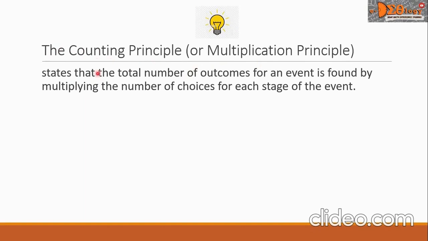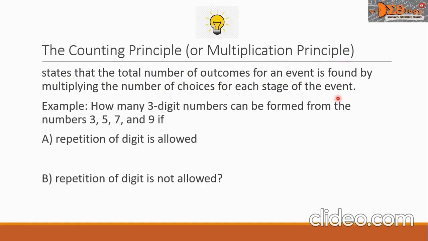The counting principle states that the total number of outcomes for an event is found by multiplying the number of choices for each stage of the event. Let's have an example.